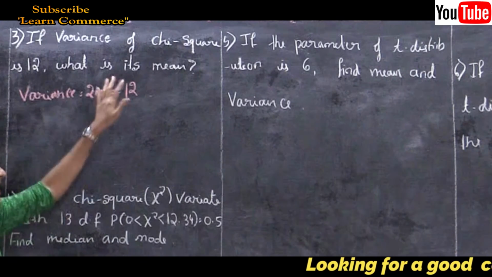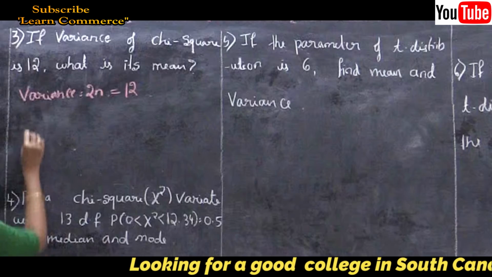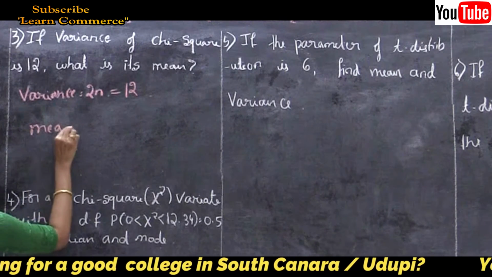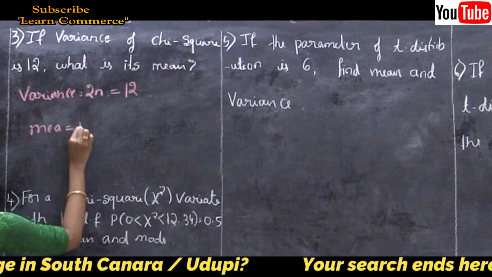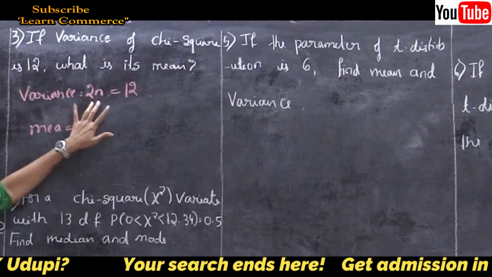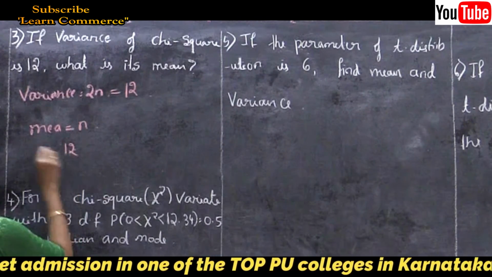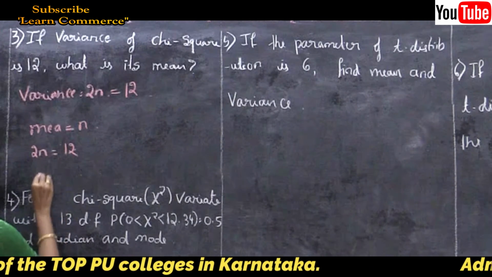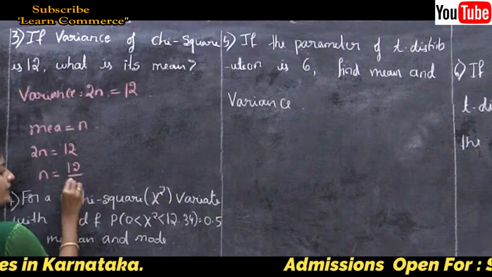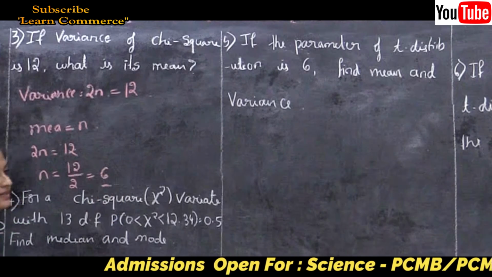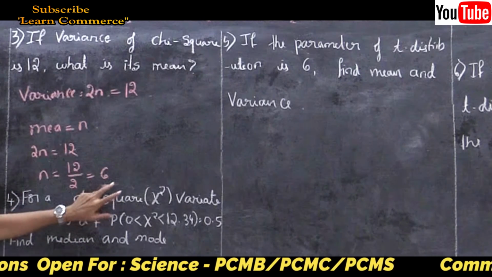We need to calculate its mean, and the mean formula is n. How to calculate n here? 2n is equal to 12, so n is equal to 12 by 2, so n is 6. So the mean of chi-square is 6.